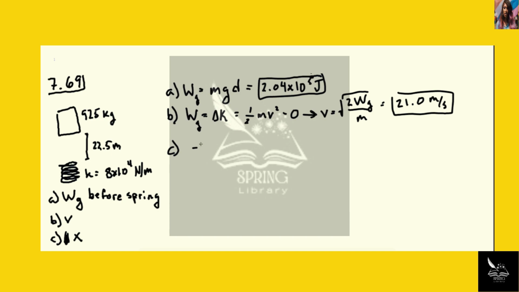So the work that the spring does is negative 1/2 kx squared. Let's just write out the entire work. So the net work is equal to the work done by gravity plus the work done by the spring. Gravity does a work of mg times d plus x.